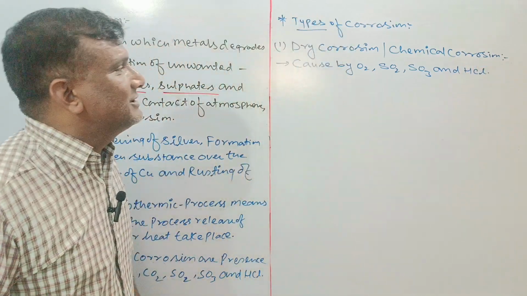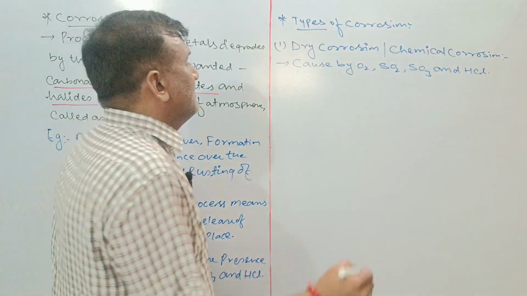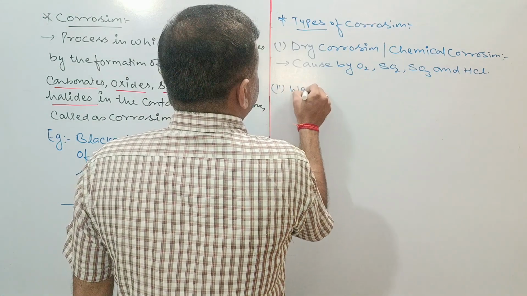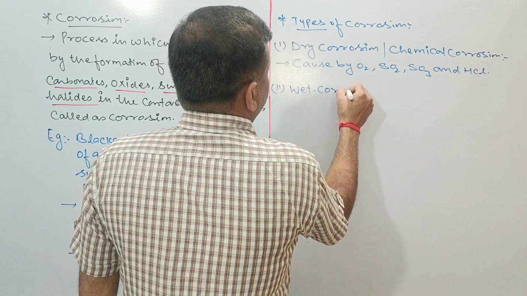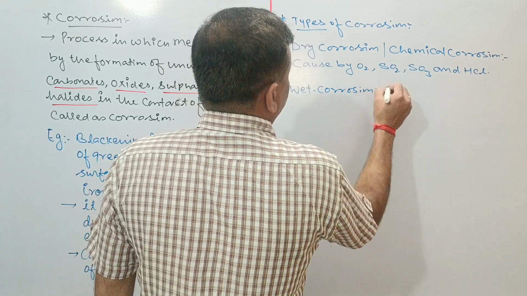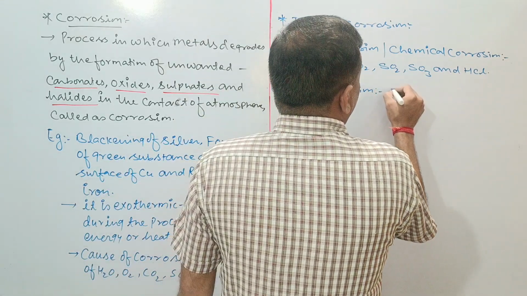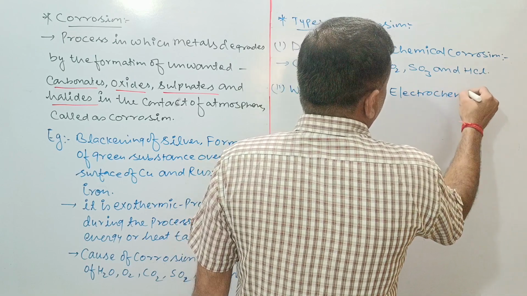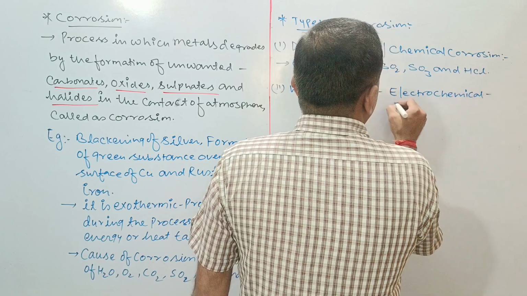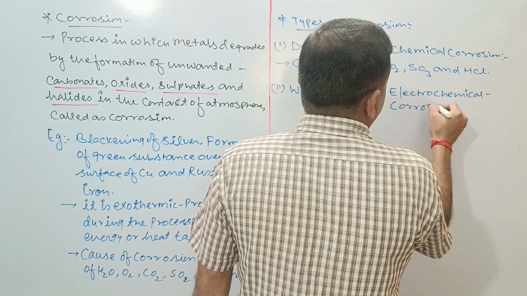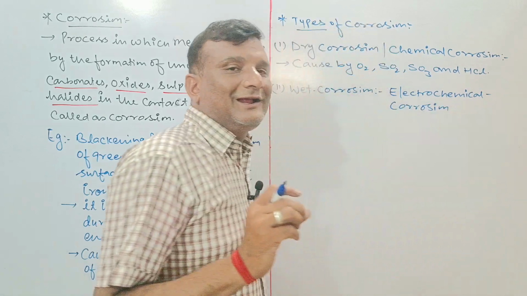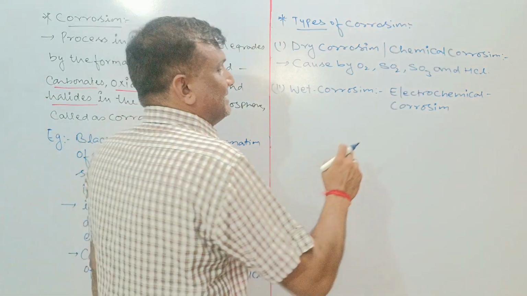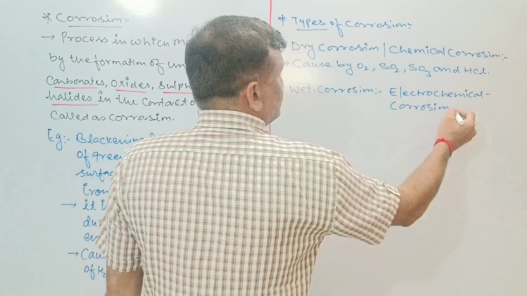While the other is wet corrosion, also called electrochemical corrosion. Why? Because there is formation of a small electrochemical cell over the surface of the iron metal. That's why it is also called electrochemical corrosion.